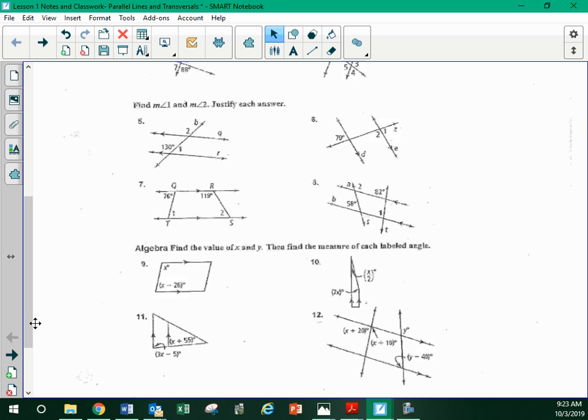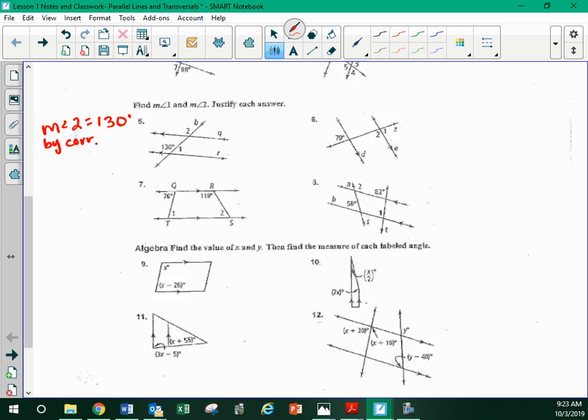So we have angle 2. What would be the measure of angle 2? Good. And make sure you write the notation correctly. Measure of angle 2 equals 130 degrees. What would be our reasoning for this? How do we know it? Corresponding angles postulate. Good.